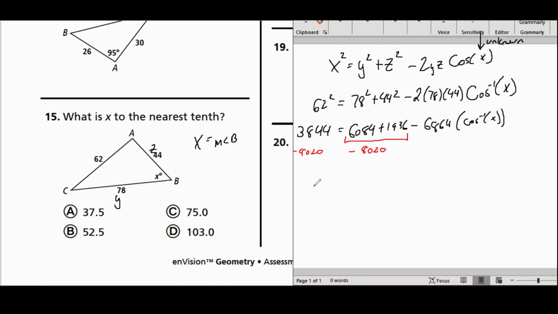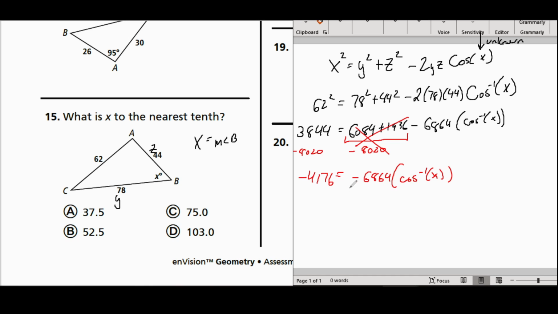I forgot on this calculator, we'll just start over. So 3844 minus 8020 gives me negative 4176. Of course, this is now gone. Is equal to negative 6864 times inverse cosine of x. Now this is a number times a number, and if I want to undo that, I'm going to divide by one of those two numbers.